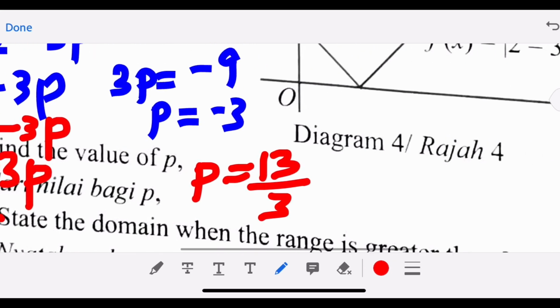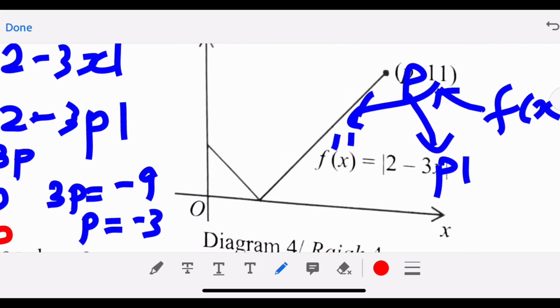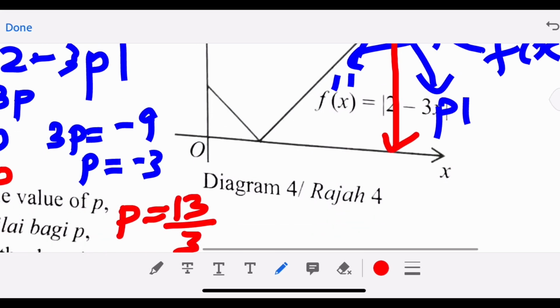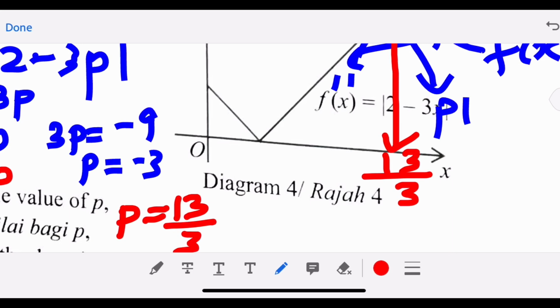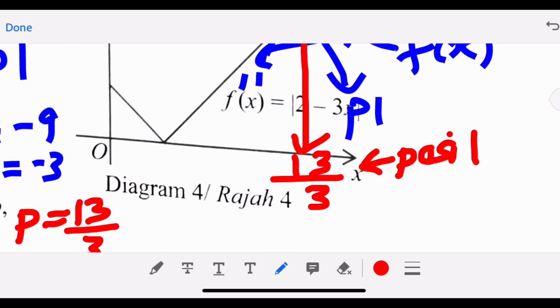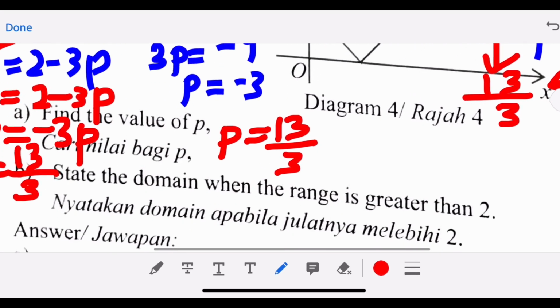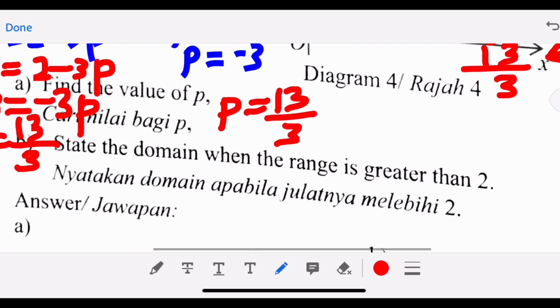So you can say that the p value, logically, is positive 13 over 3. That is the value of p that we obtain after we solve the modulus, and we choose the positive one because the graph has positive x, right?